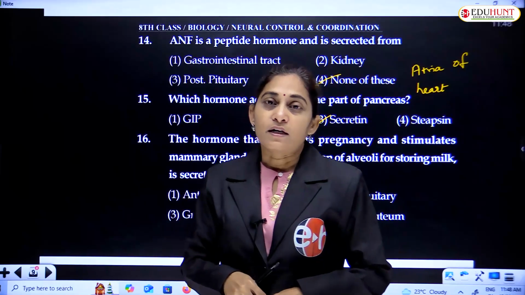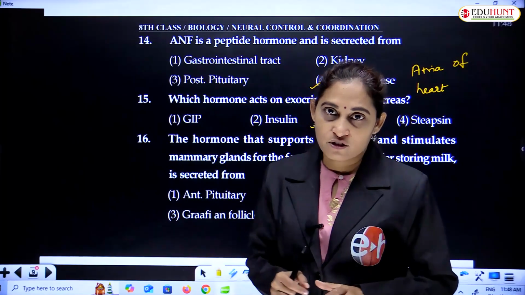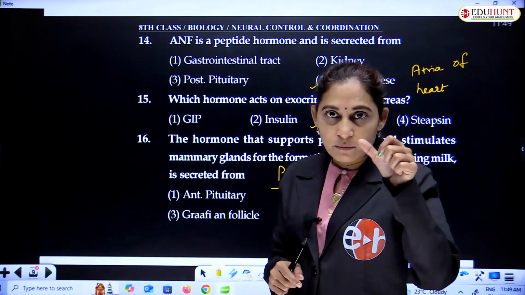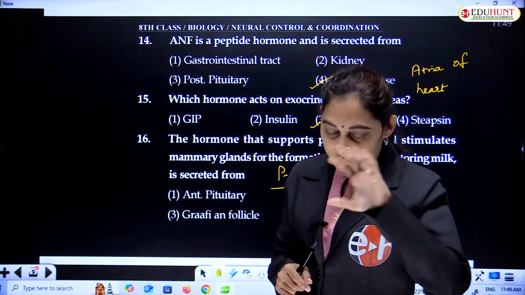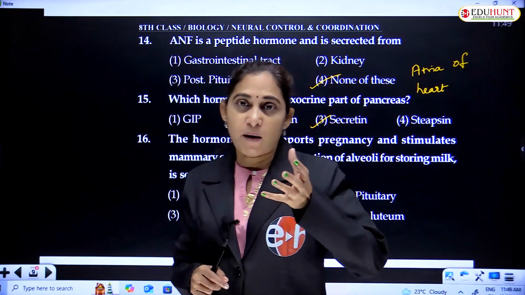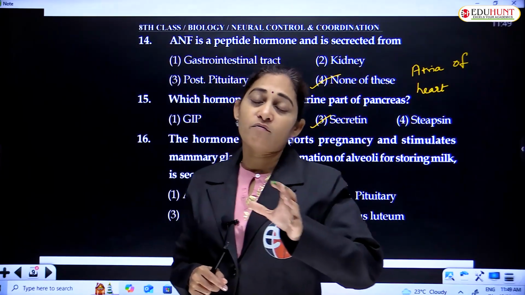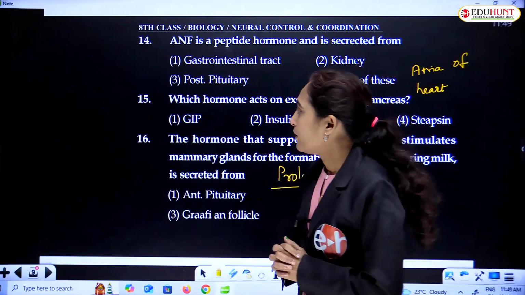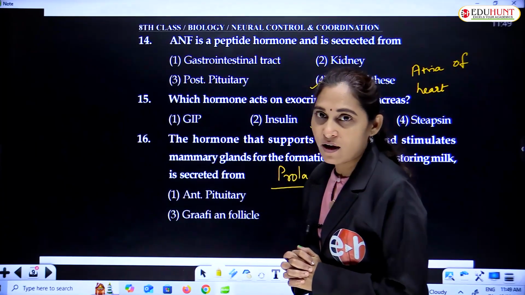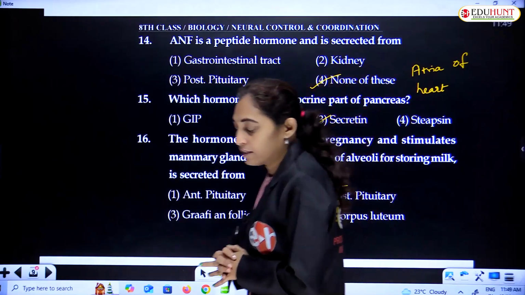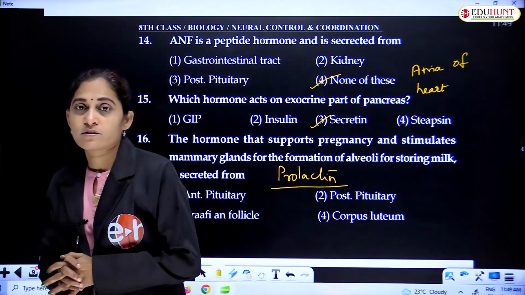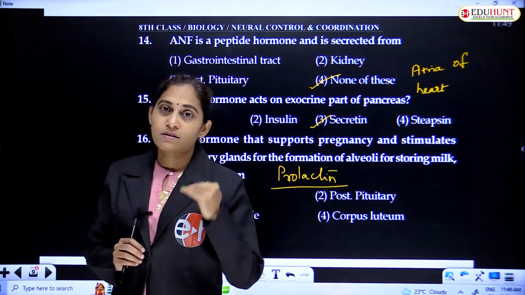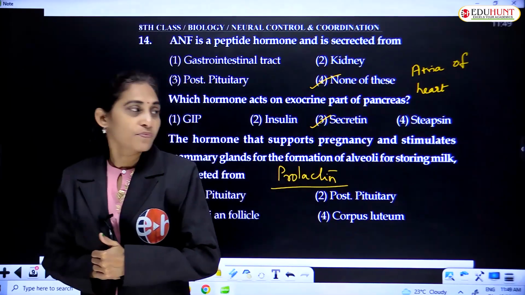Make a table with all these functions of the hormones, which part of the pituitary gland or which endocrine glands secrete these different hormones, and the disorders associated with these glands, hormones, and secretions.